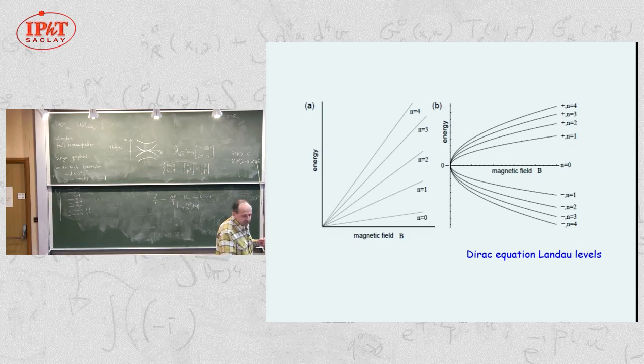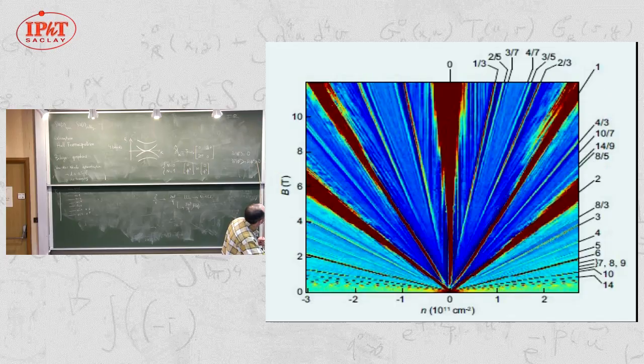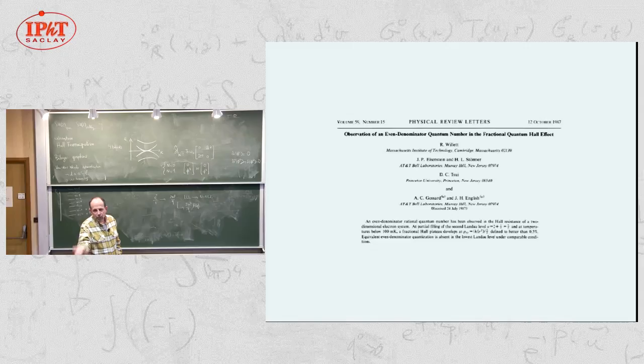And the main difference, because there is a main difference, is that if you are looking at the fractional quantum Hall effect in the n equals 1 Landau level, then you discover that now you have a quantum Hall effect with an even denominator. And that's surprising, this even denominator.